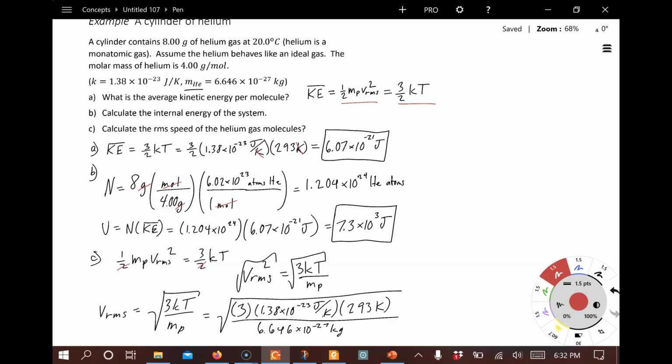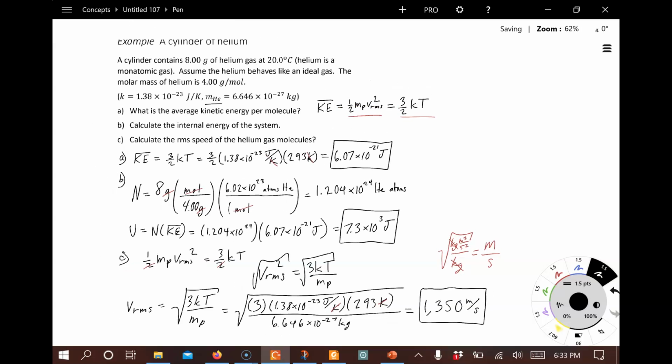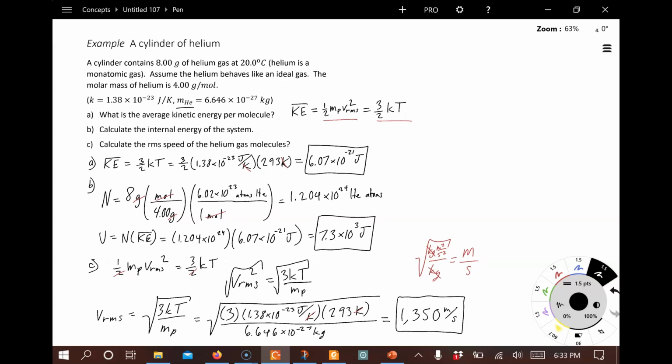Remember that if I cancel out the Kelvin and I've got a square root of a joule divided by a kilogram, remember that a joule is a kilogram meter squared per second squared, so the kilograms cancel, and then we take the square root of meter squared per second squared, so we're going to get a speed as we should. Putting this into the calculator, we get a speed of 1,350 meters per second. That's our VRMS speed. That's the average speed of the helium atoms as they're moving around inside that cylinder.